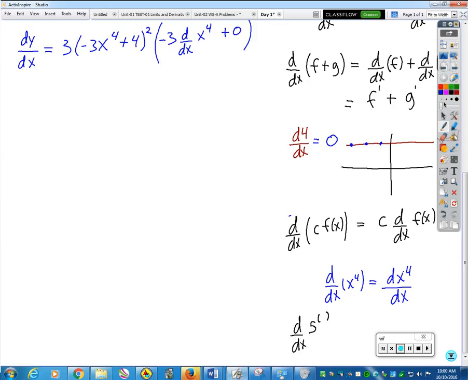Other questions? So we use the power rule. So someone, come over here, I write it down, dy dx is equal to 3 parenthesis -3x to the 4 plus 4 squared -3. I need to operate on this. What does this become using the power rule? Abraham. So wouldn't it be 4 and then d over dx?